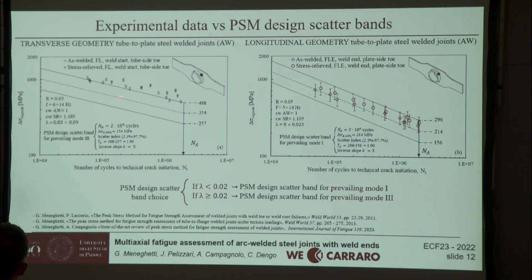On the other hand, the experimental data related to transverse geometry joints are on the safe side. In our opinion, this is due to the criterion adopted to identify the number of cycles to crack initiation, because in correspondence of that number of cycles we had multiple crack initiations and also cracks difficult to identify with the naked eye.